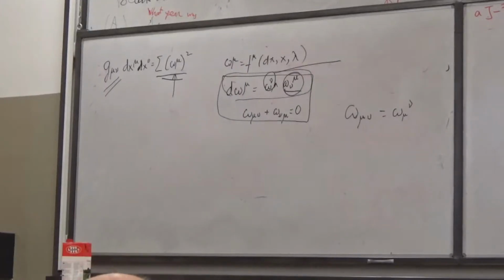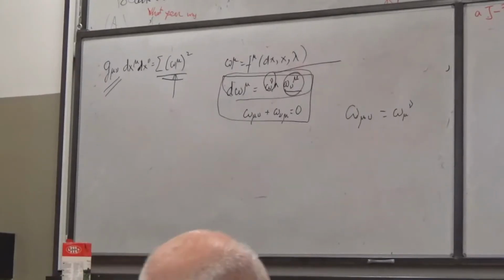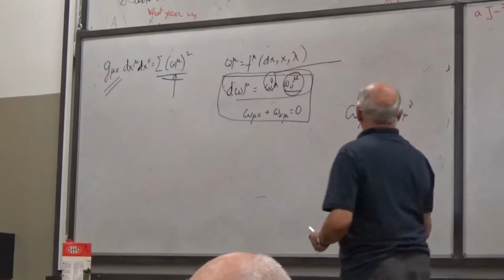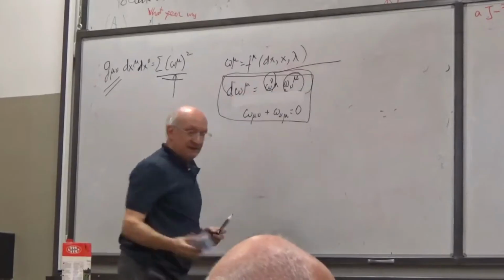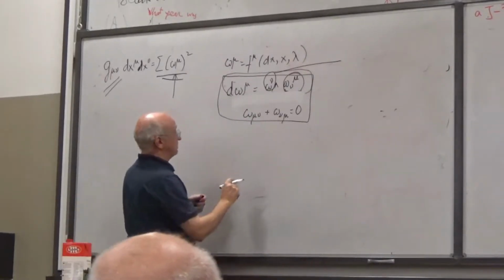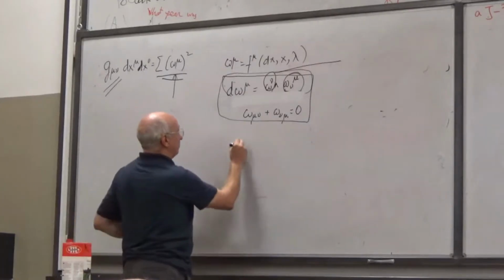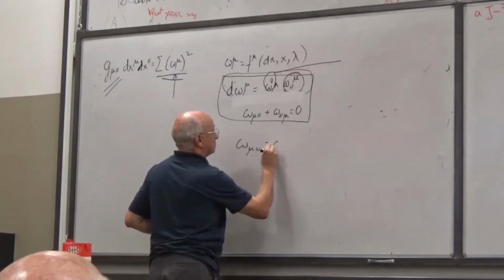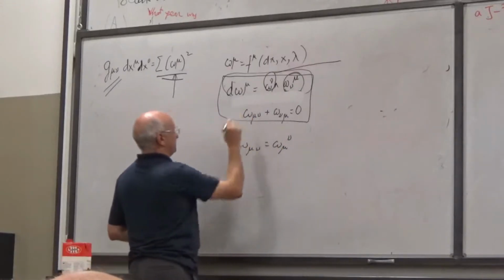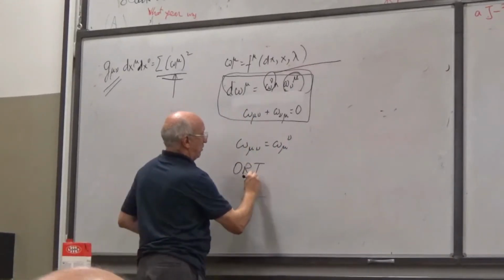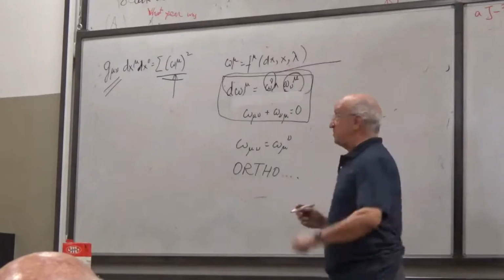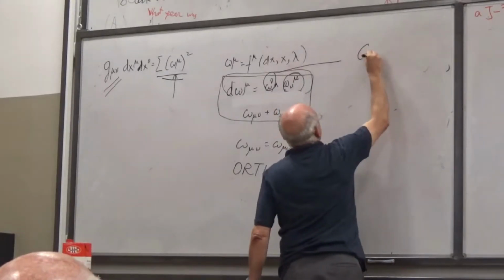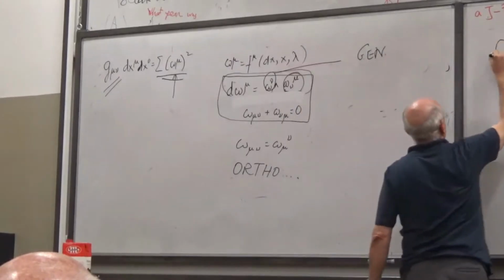So I am going to write this system, and below I am going to use, for the properties, omega mu equals omega mu. In this case, these are all normal.